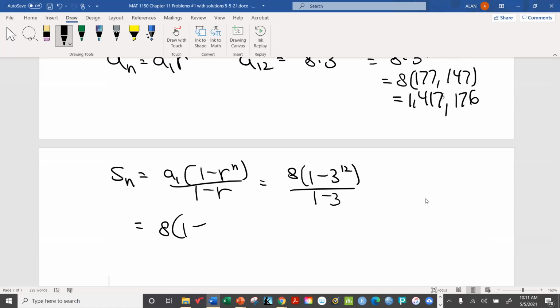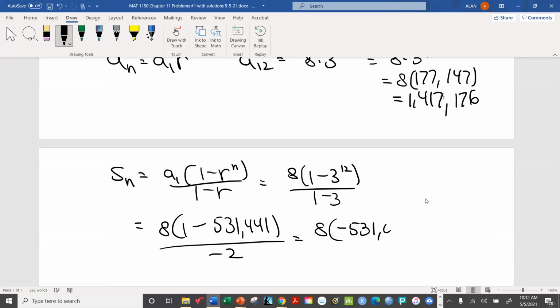3 to the 12th power is equal to, wow, 531,441 over -2. So if you take 1 and subtract 531,441, it'll give you negative 531,440.